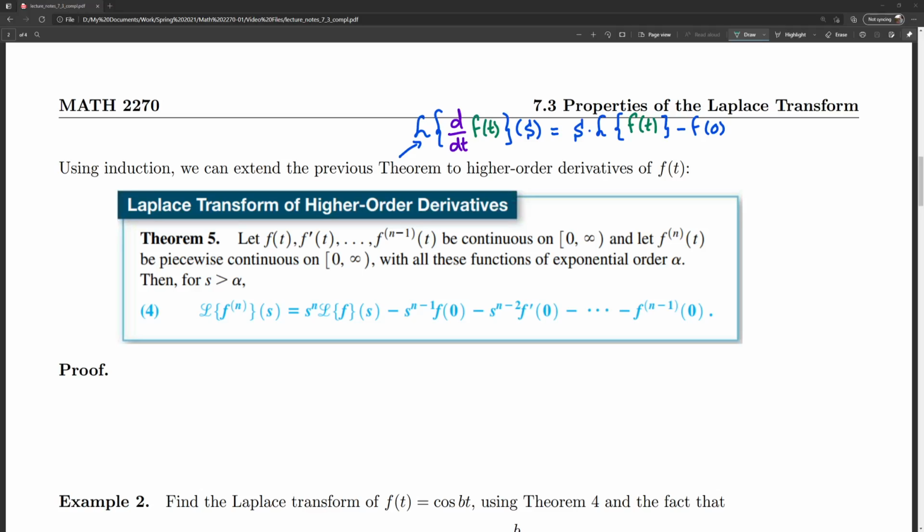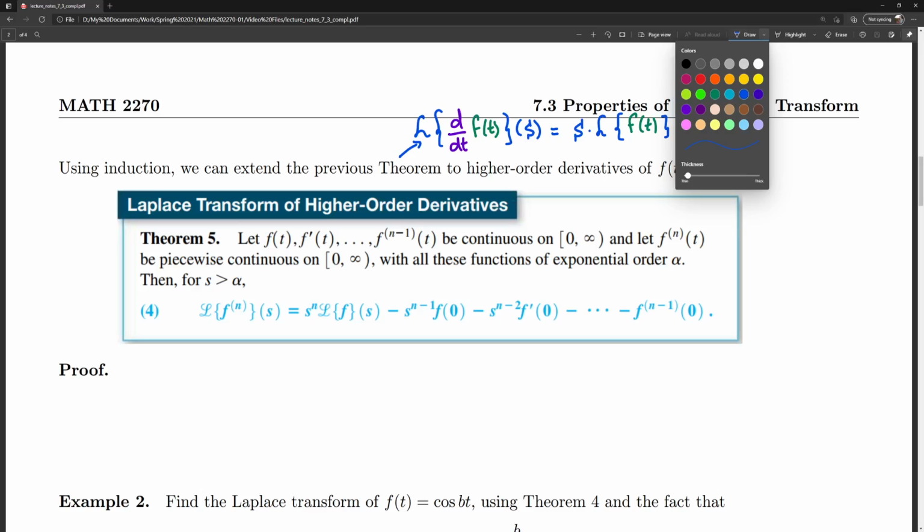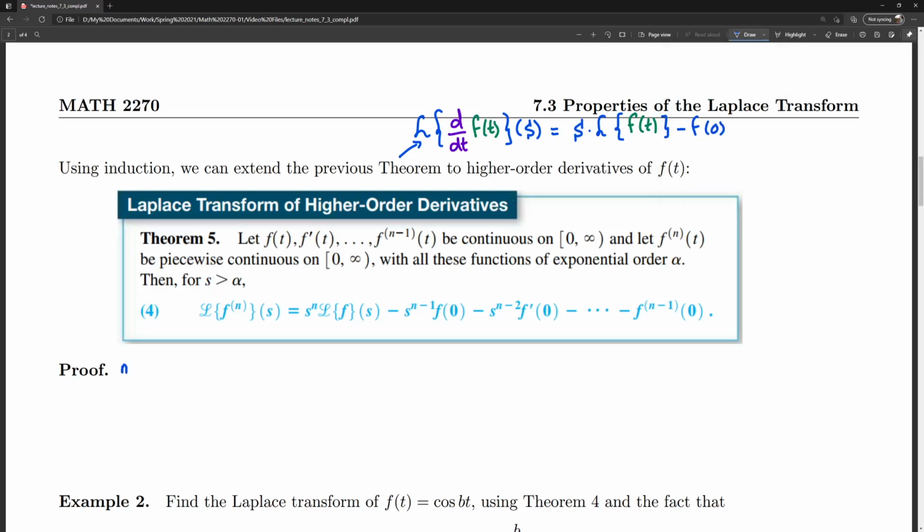So what I will do here is I will prove this theorem for just the case n equals 2, and then I hope that you see how you can extend that to n equals 3, 4, etc. So this is only for n equals 2. So what we're going to do is take the Laplace transform of f double prime of t, and we're going to see what that is.